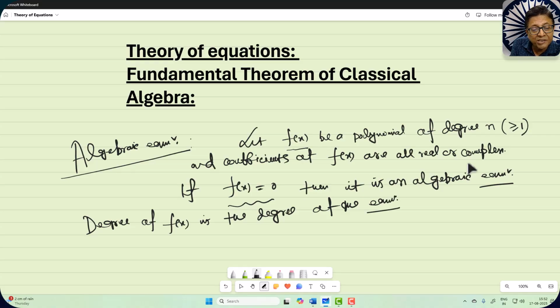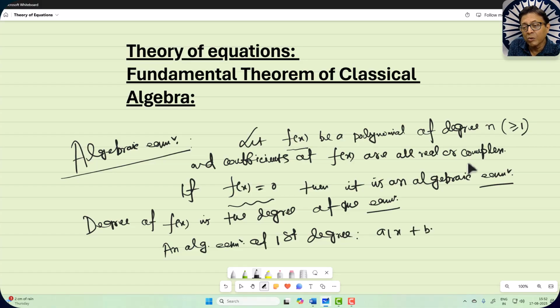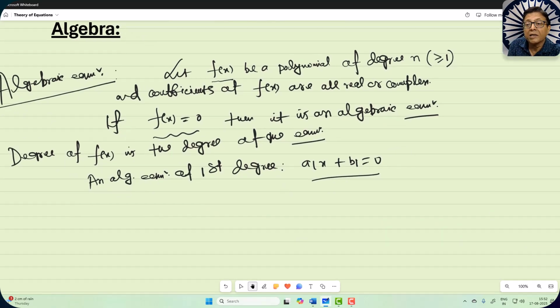An algebraic equation of first degree will be of the form a1x plus b1 equal to 0. a1x plus b1, this is a first degree polynomial, and this equation is satisfied by x equal to what?